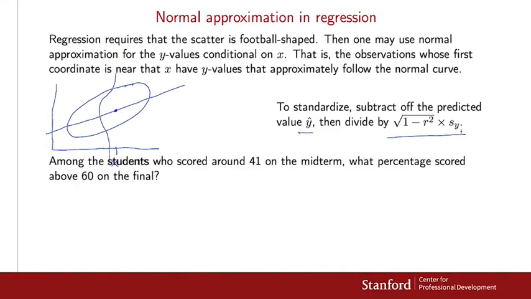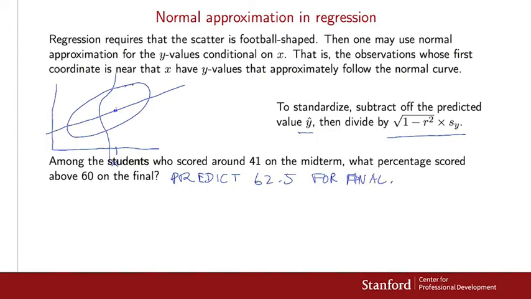Let's do an example. Among the students who scored around 41 on the midterm, what percentage scored above 60 on the final? We already computed that the predicted value for a student who scores 41 on the midterm is 62.5.